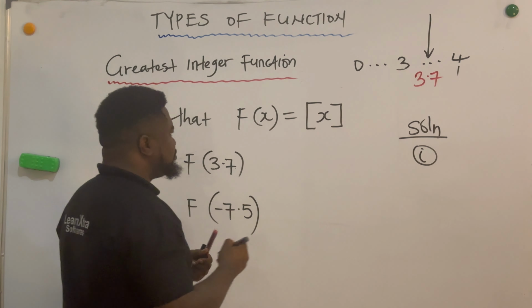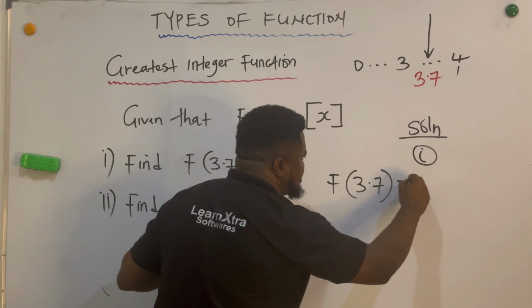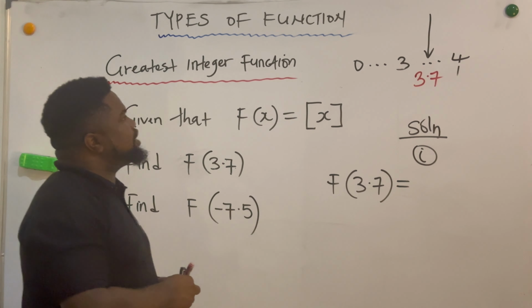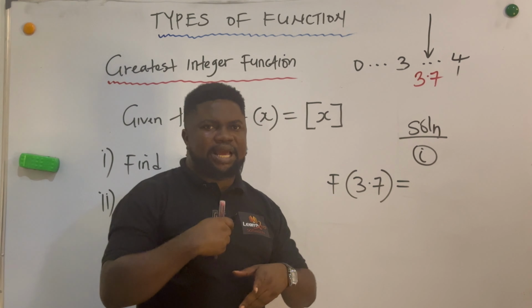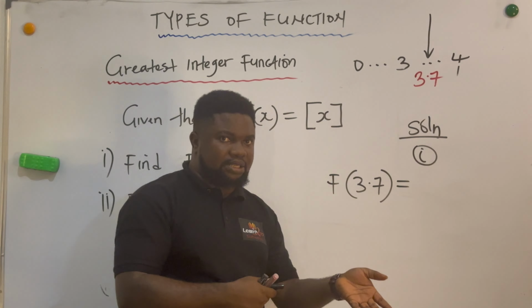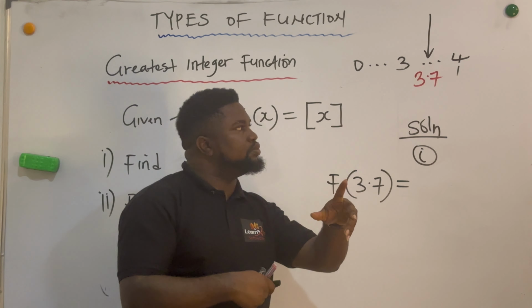Now, f of 3.7 is simple. You won't even struggle much. You ask yourself, here we are doing something like rounding numbers to the nearest integer, kind of, but it has a rule.